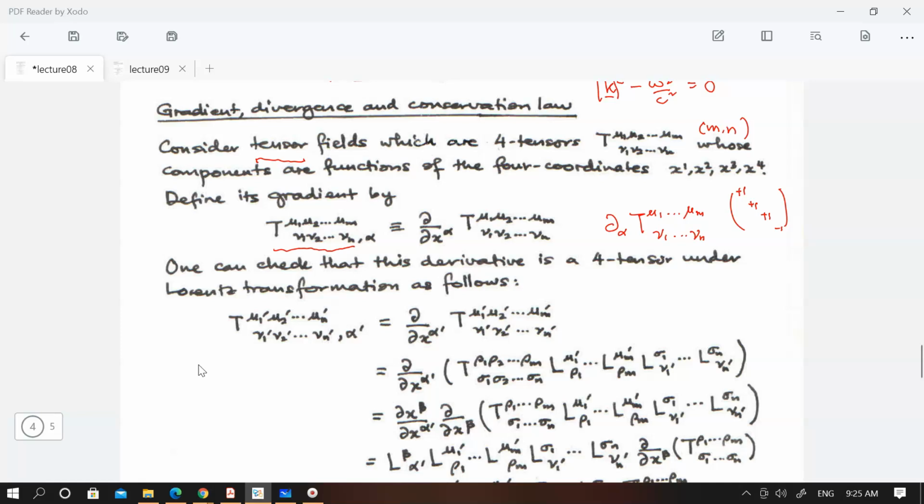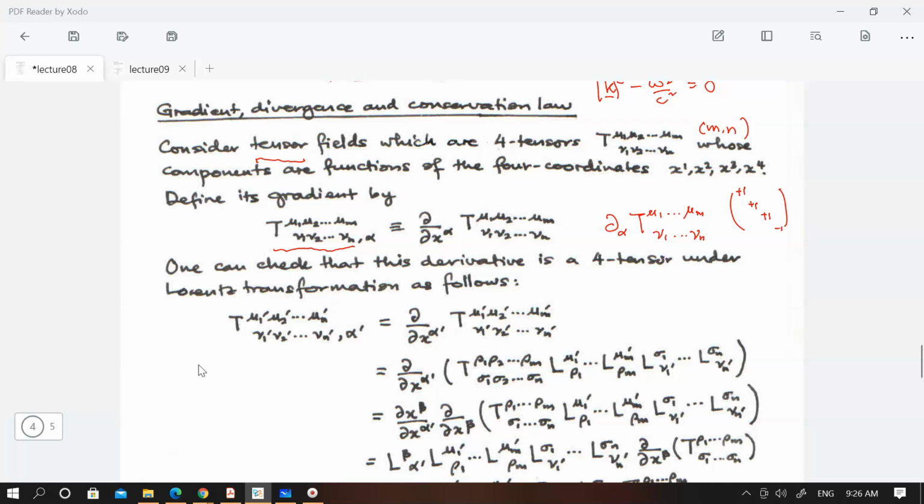Now one can simply do this. We switch over to the dash coordinates, for example. So one has this partial derivative with respect to x alpha dash of the components of your tensor with respect to the dash coordinates. The first thing that one knows is that this is a tensor.